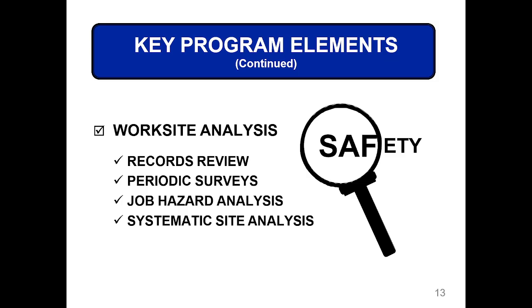So that's what we call a job hazard analysis. You break down the entire process into steps and simplify them, and then analyze what happens to a worker in every step. And then systematic site analysis.